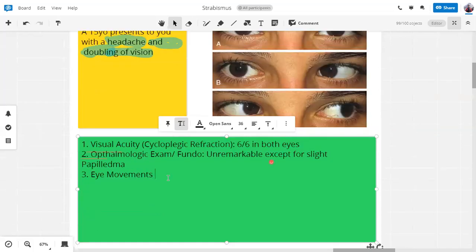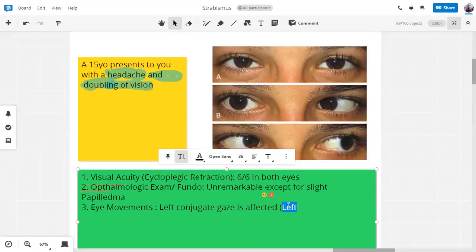So on eye movements, we see that right conjugate gaze is affected, because this is the right side of the patient, and we suspect a right lateral rectus dysfunction.